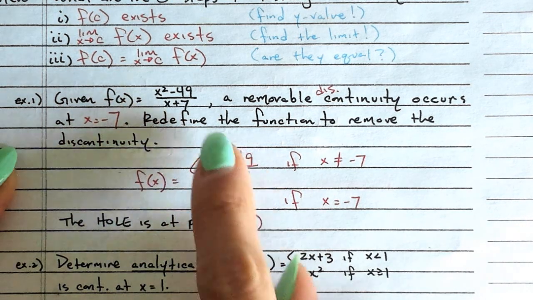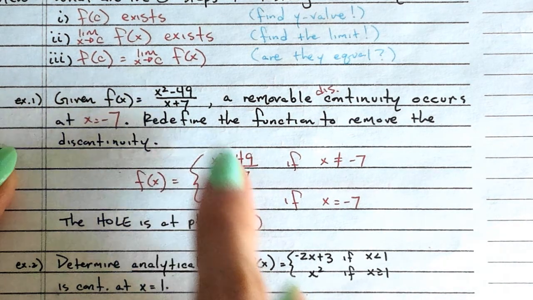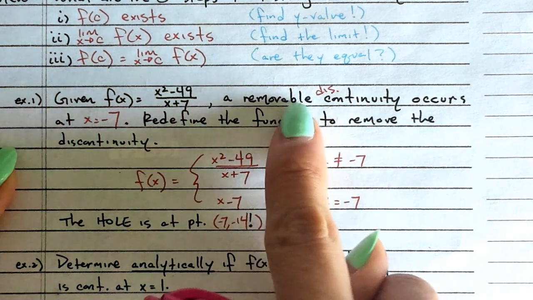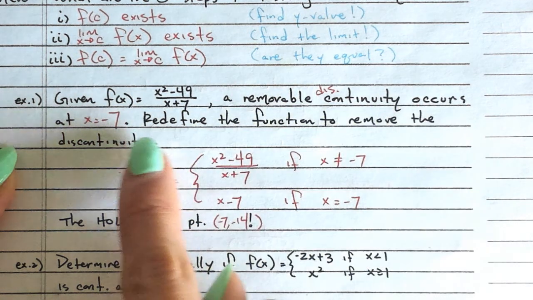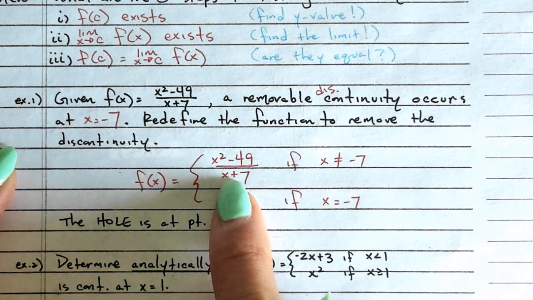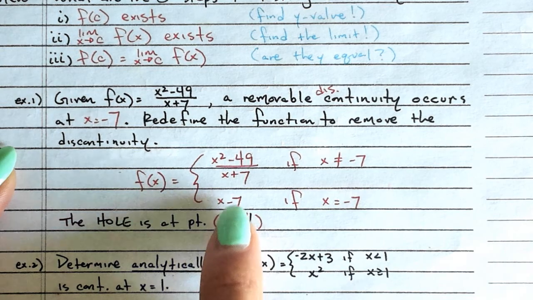So there is a hole at point -7, -14. And then we redefine the function. So we're writing a piecewise function. We're saying this is true, we can use this as long as there's a discontinuity at x equals -7. So as long as we're not at -7. So this is good everywhere except for where the denominator equals 0, right? So where x does not equal -7. Okay, what about when x equals -7?